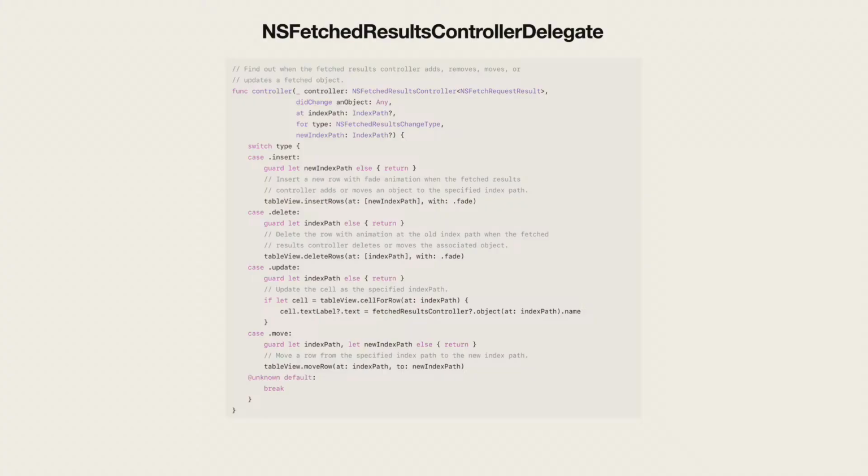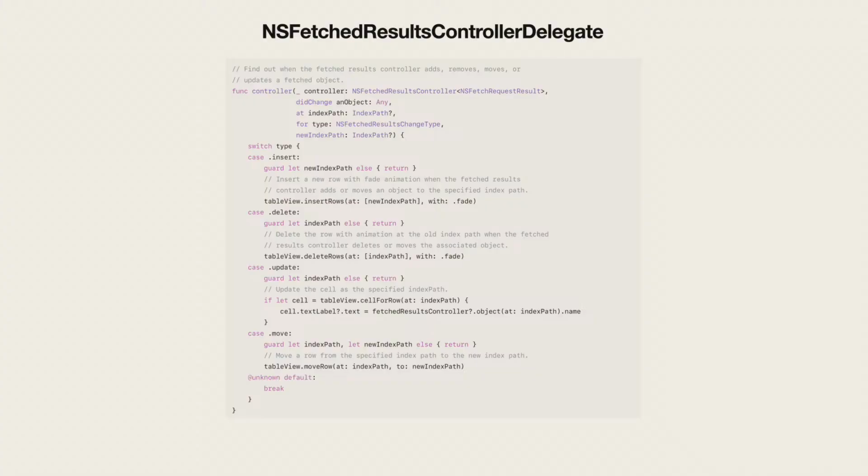Couldn't find an Objective-C version of this. That would have been troll, but I've got it here in Swift. So when you get the changes, it will give you details around your inserts, your updates, your deletes, and stuff like that.